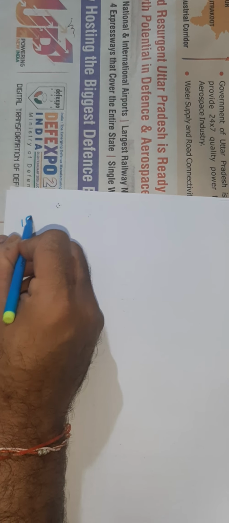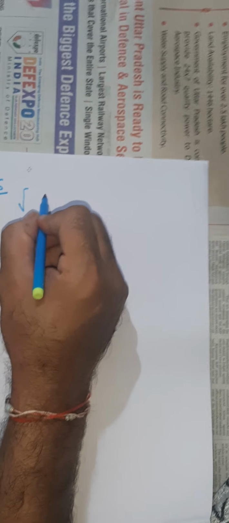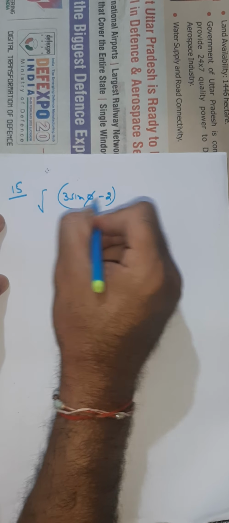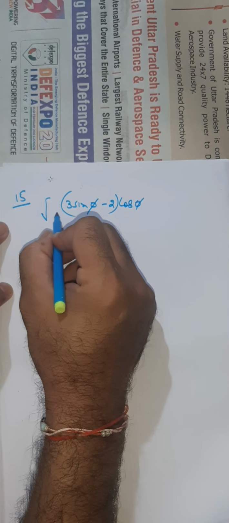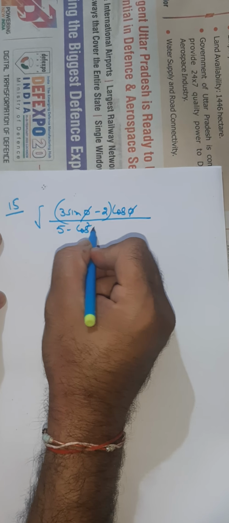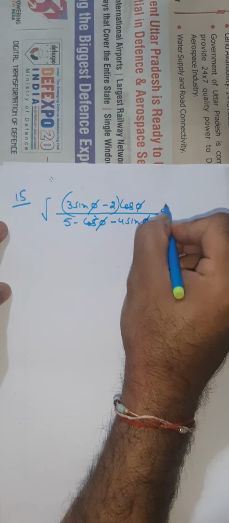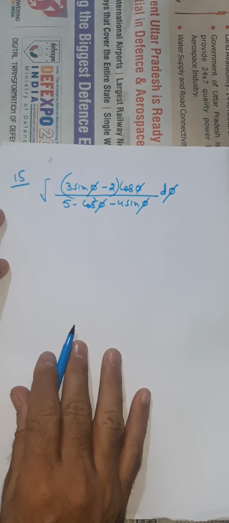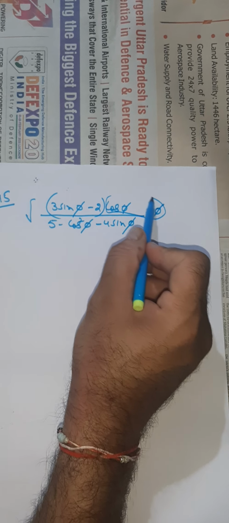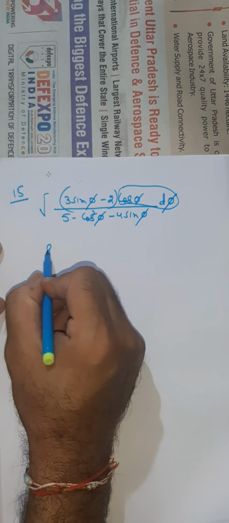I'll just explain one step so you'll realize that the function is 3 sine phi minus 2 into cosine phi upon phi minus cos square phi minus 4 sine phi d phi. So you need to use the substitution, that's sure. Now how will we use the substitution? See, this much dx should go into d phi. Now whose derivative is this? Of cos. So we take the substitution.